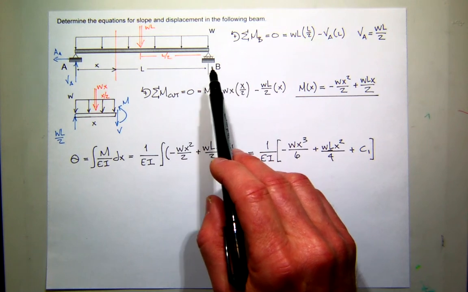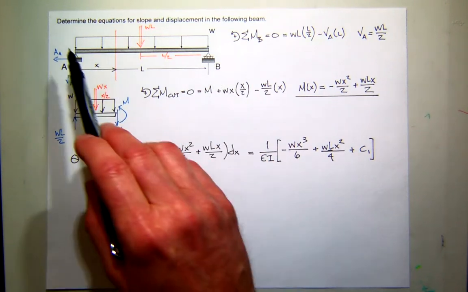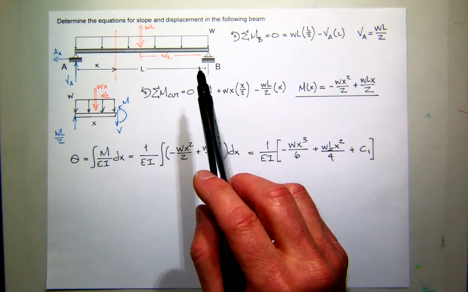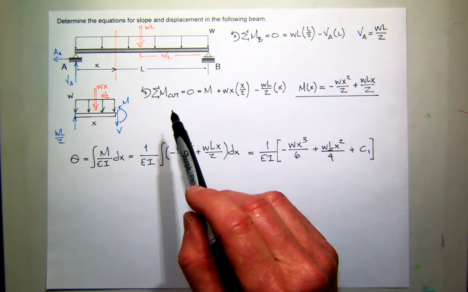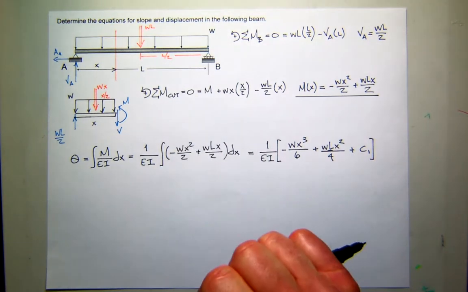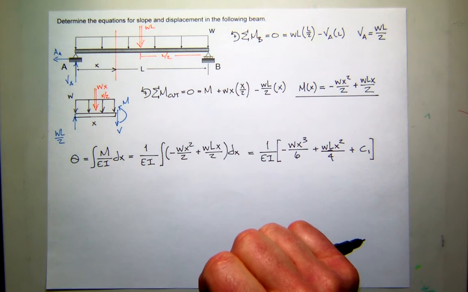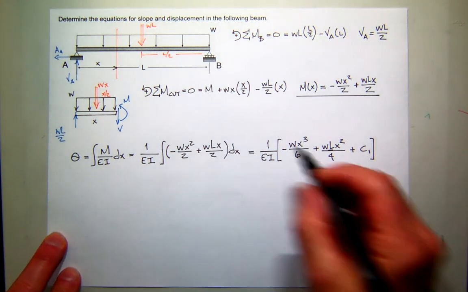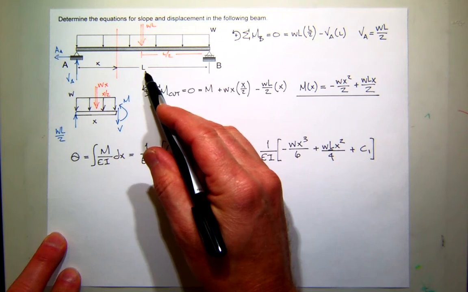Now, some people will say, hey, this is a symmetric loading, so that means the maximum displacement will occur in the middle. What's the slope at maximum displacement? 0. So I could match this equation at x equal L over 2 and say it's equal to 0.